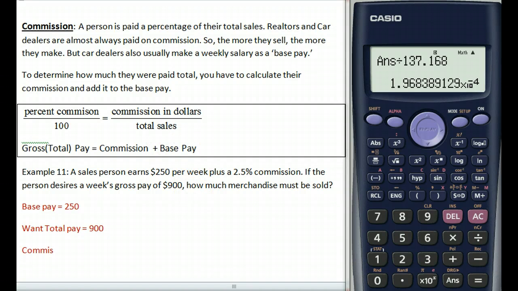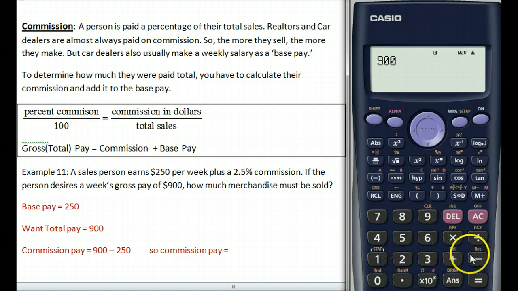So my commission pay is going to be 900 minus 250. So commission pay is equal to 900 minus 250, $650. Okay, so now I have my commission pay is $650.